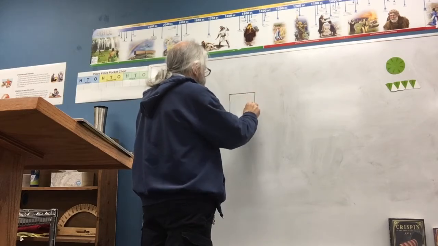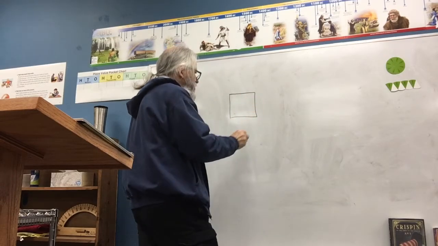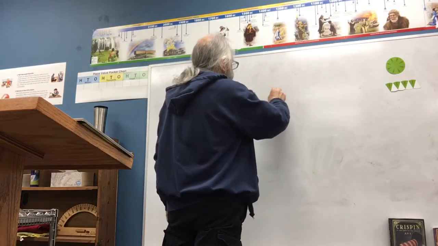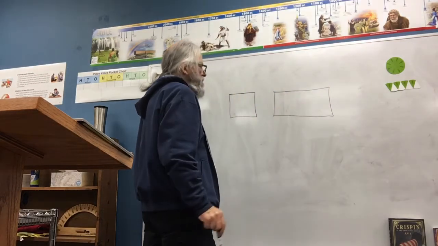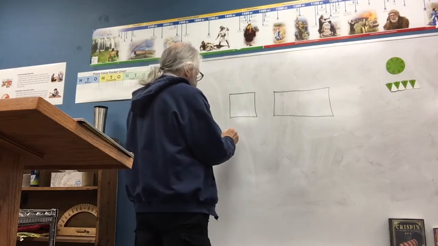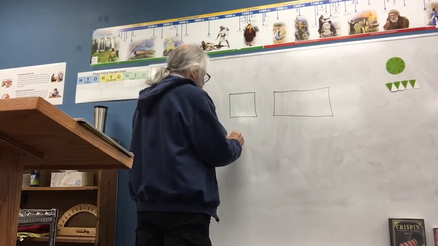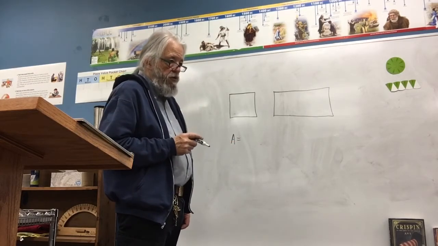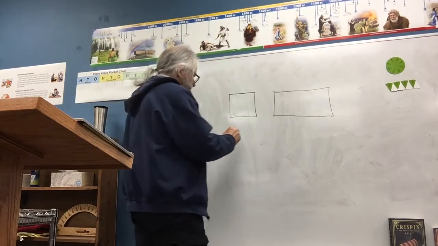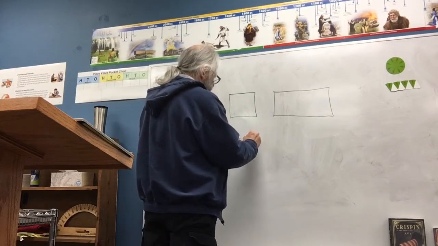So whether it's a square or a rectangle, you're probably used to the first formula or equation that you learned for area was the length times the width.